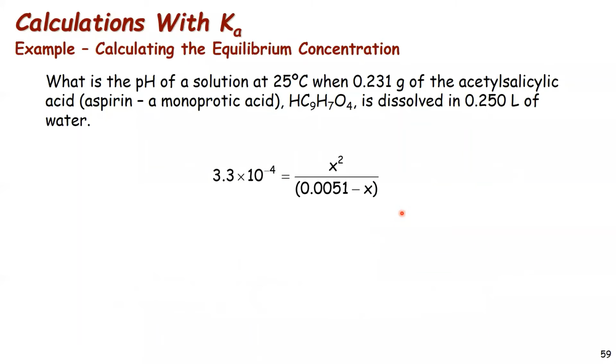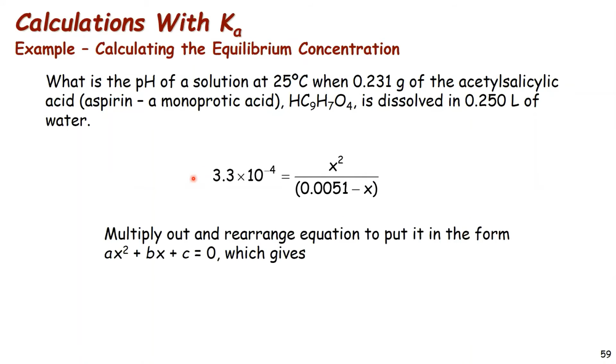So I just have to multiply it all out, right? I'll multiply the denominator over to here. And then I'm going to take these terms and subtract them from this side so that we get this, right? We're going to have a x squared plus bx plus c equal to 0, where a we can see is 1. So all I'm going to do is rearrange this into these terms and you will get this.